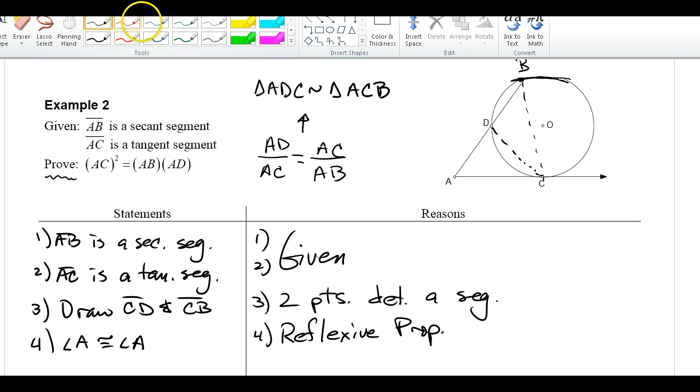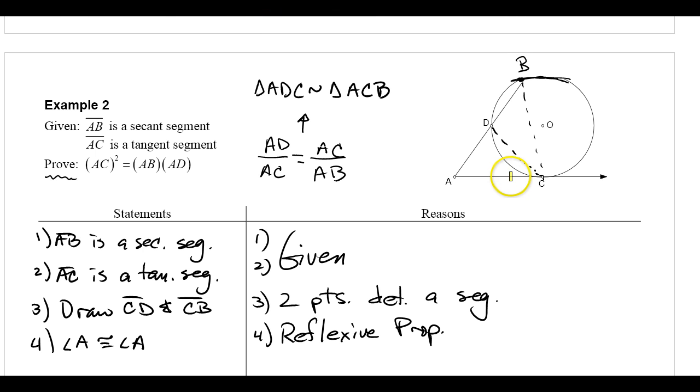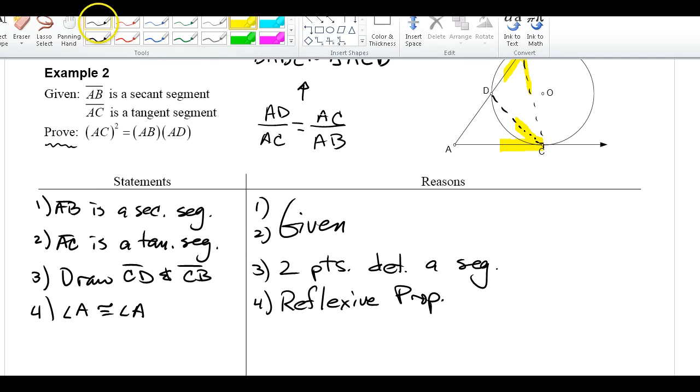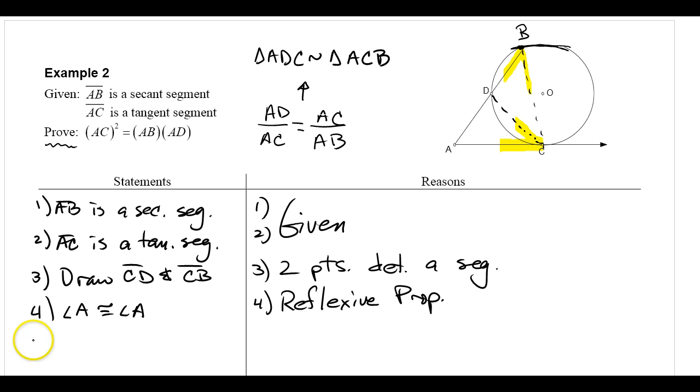I actually want this tangent chord angle, and I want this chord angle. So I've got angle ACD in the small triangle. It intercepts arc DC, and in the big triangle, the chord angle is angle B.